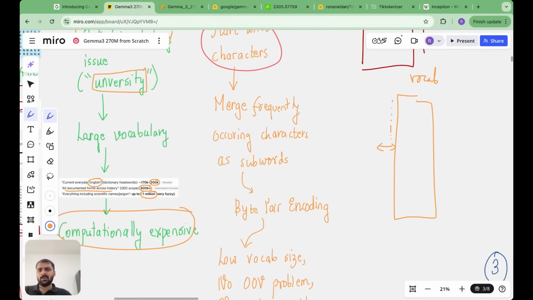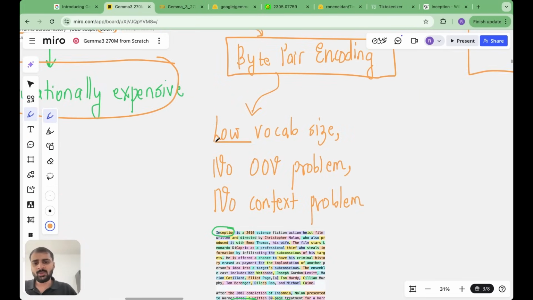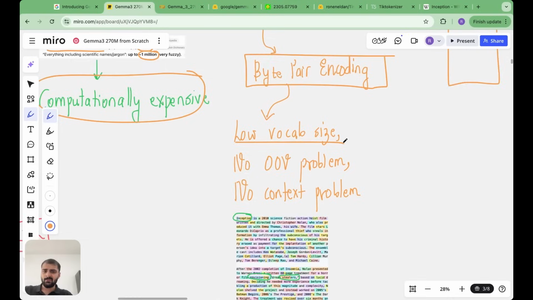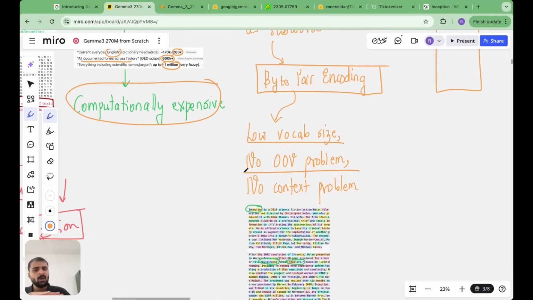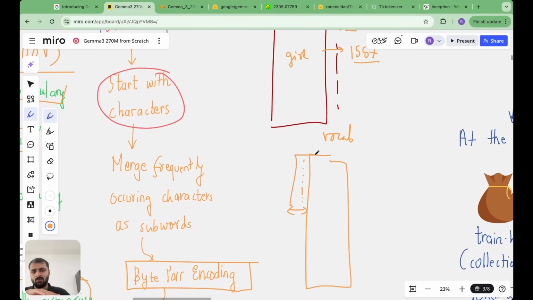So one common way to do this subword tokenization scheme is called byte pair encoding, where you merge frequently occurring characters and keep them as separate tokens. What byte pair encoding does is that it reduces the vocabulary size compared to word-based encoding. We don't have any out of vocabulary problem also, because characters are anyway there in our vocabulary.